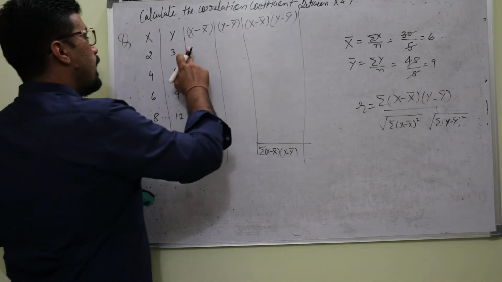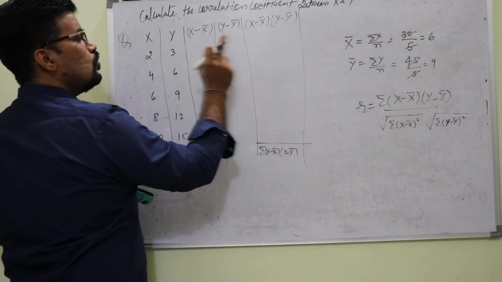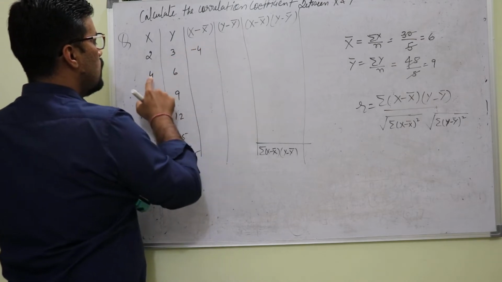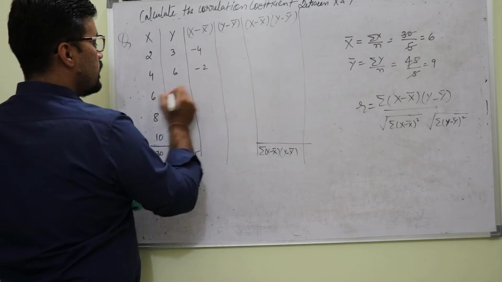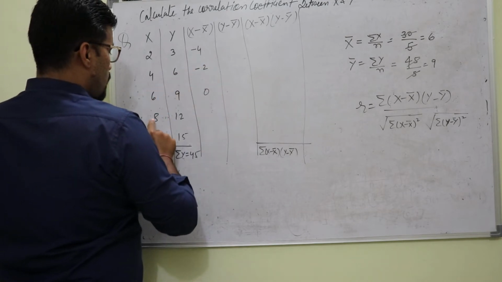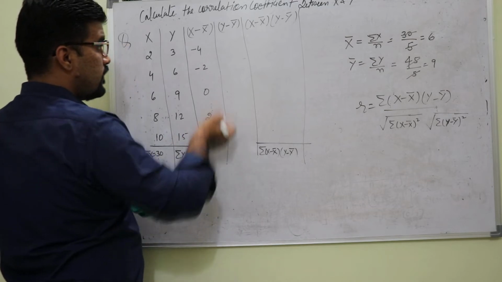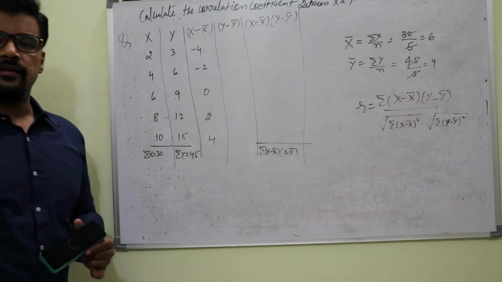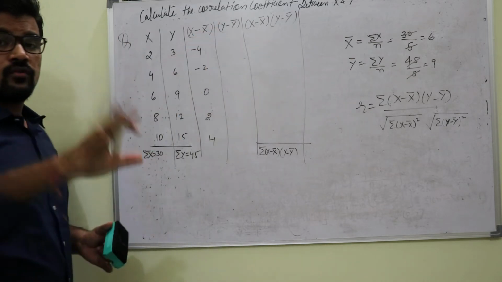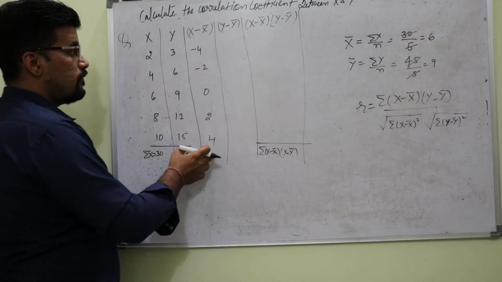So let's do it. x minus x bar: from every value of x, keep subtracting x bar. 2 minus 6 is minus 4, 4 minus 6 is minus 2, 6 minus 6 is 0, 8 minus 6 is 2, 10 minus 6 is 4. See, whenever you take the sum of this x minus x bar, it will come as 0. And students, this is 0, so does that mean r is equal to 0? No, you don't need to take the sum of this, the total of this.